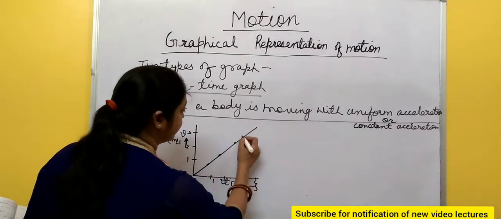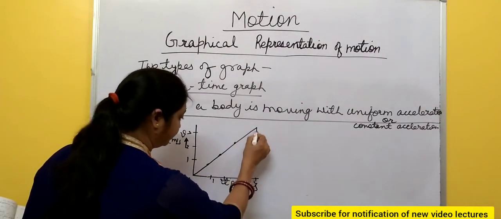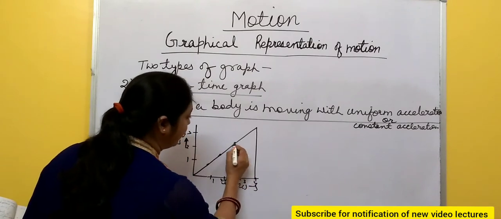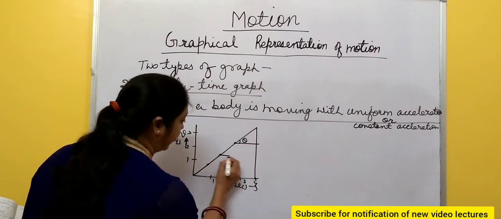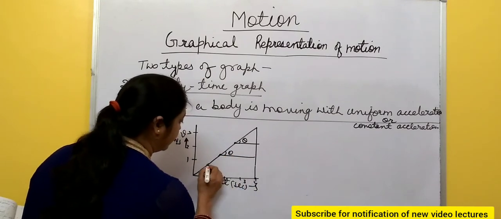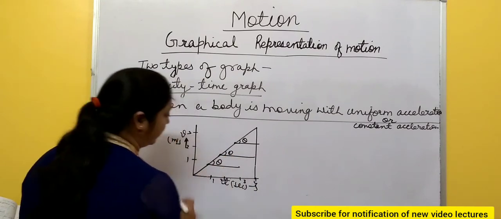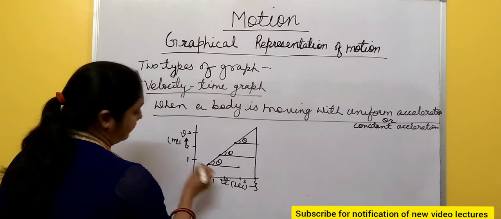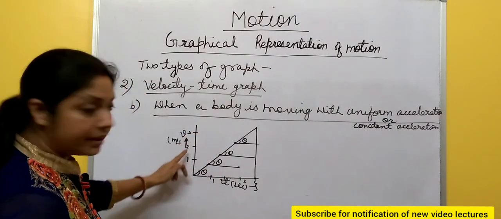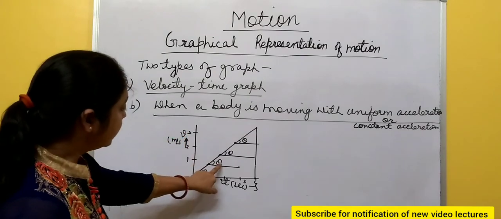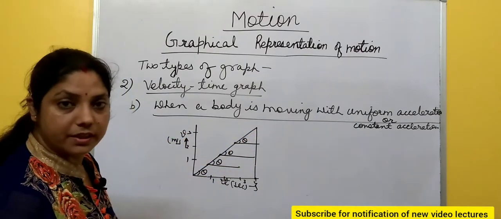So in this case, the slope is like this one, right? And the slope at different times, suppose at this time the slope is theta, again at this time the slope is theta, this time the slope is theta. At different time intervals and at different velocities also, this theta is constant.